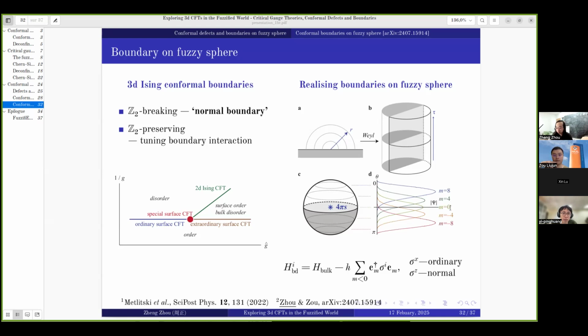So a defect in the shape of a cone should be something quite interesting. For example, we can study the cone operators, that is the operators living at the tip of the cone.